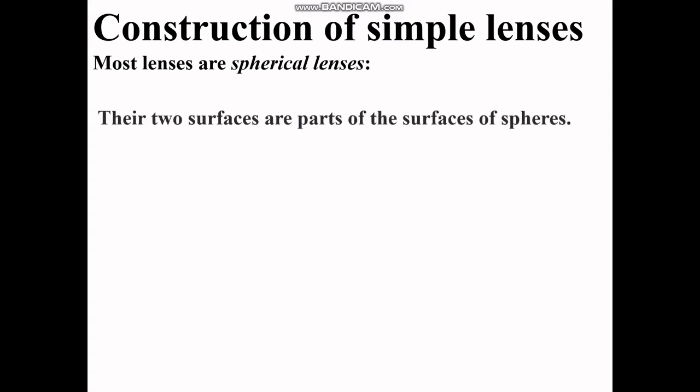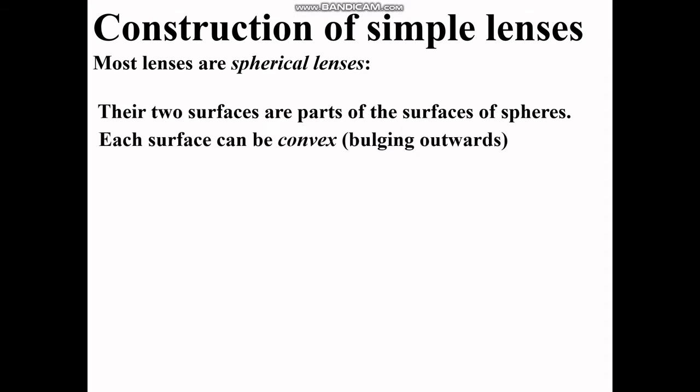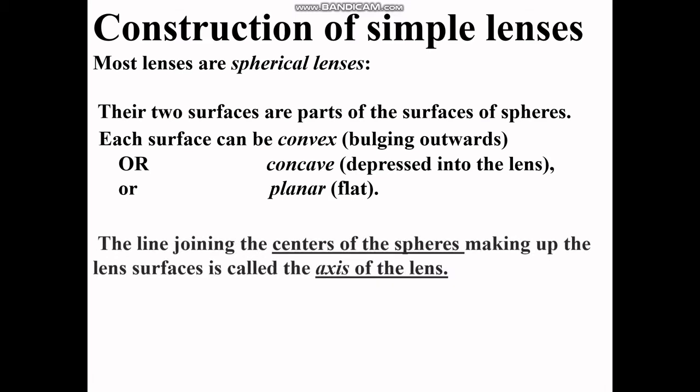Now about construction of simple lenses. Most lenses are spherical lenses. Their two surfaces are parts of the surfaces of spheres. Each surface can be convex, that means bulging outwards, or concave, that means depressed inwards, or planar, that means flat. And you had already seen different kinds of shapes of lenses where the lens had a convex surface or a concave or a planar surface.